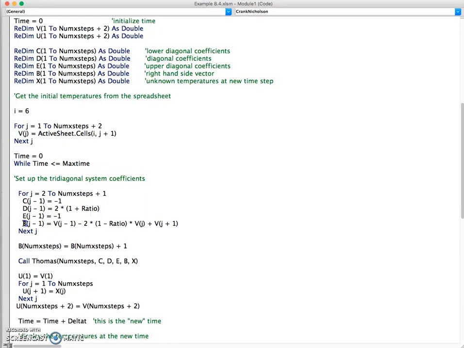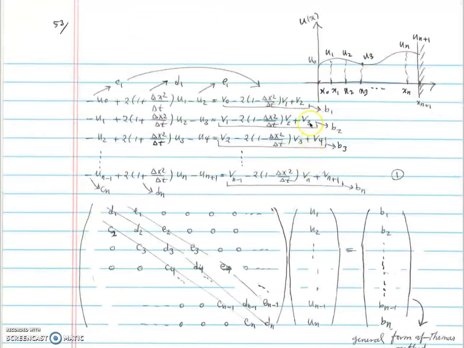Now, when we get to b values, it becomes a bit tricky. In this case, let's look at b1. b1 is v0 minus 2 times 1 minus ratio times v1 plus v2. But the thing is, in VBA, we cannot have v0. Again, there is no zero index. We have to increment all indices by 1 in VBA. So if I want to write this line in VBA, that would be v1 minus 2 times 1 minus ratio v2 plus v3.